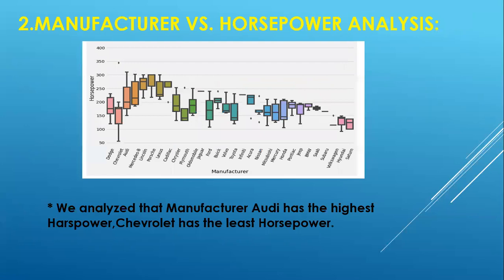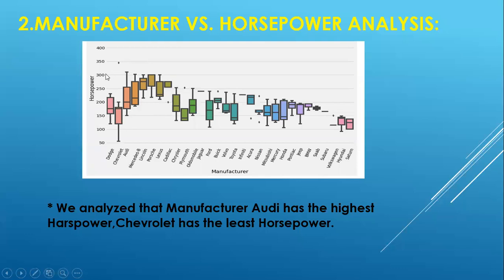Let me see next, manufacturer versus horsepower analysis. On the x-axis I took manufacturer and on the y-axis horsepower. Here, which is the highest manufacturer? This is Audi.